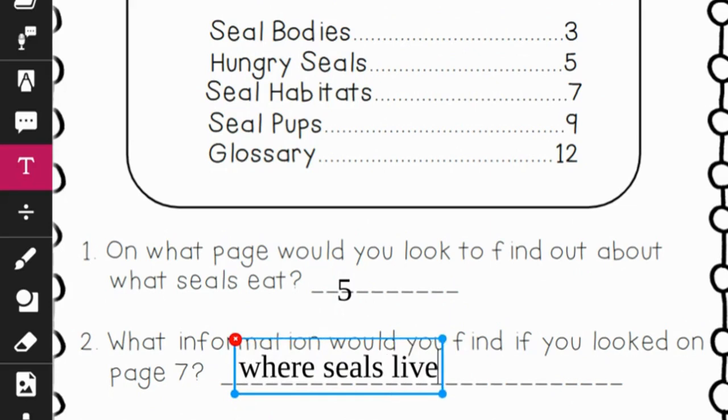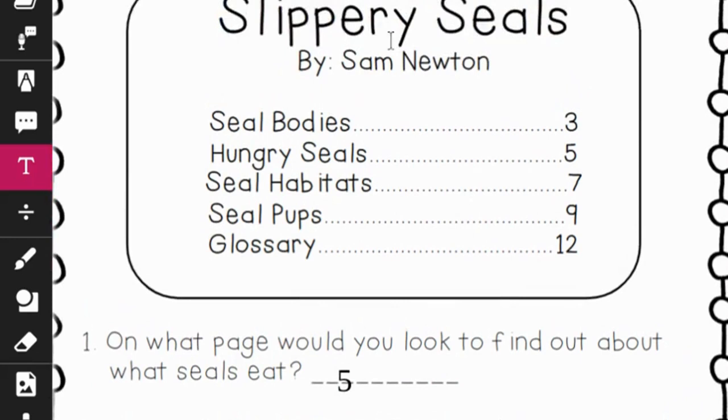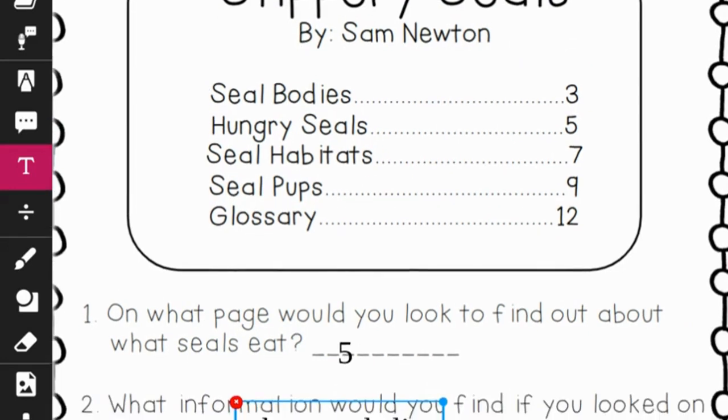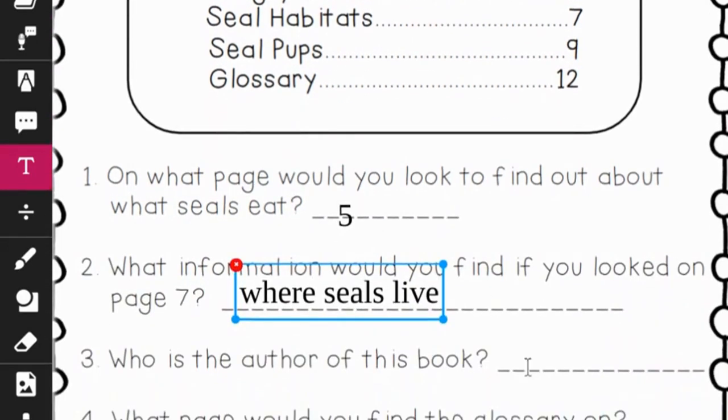All right. Question number 3 is, who is the author of this book? Well, here is the title of the book, and right under that it says by, and then a person's name. So I know that person's name is the person who wrote the book, or the author. So I am going to write his name on the line, Sam Newton.